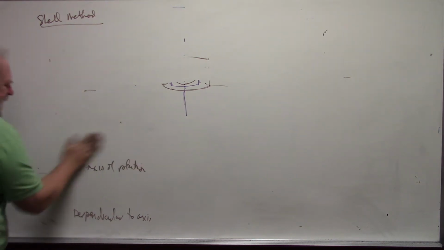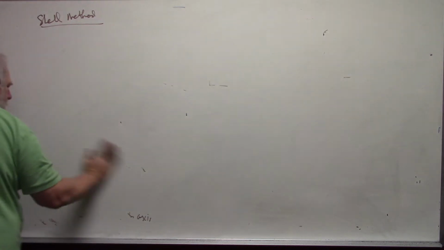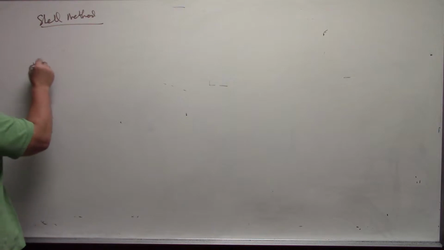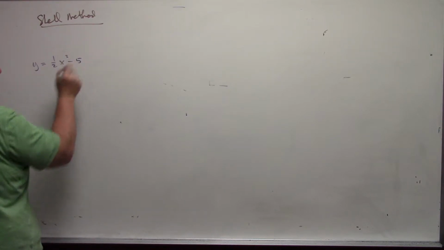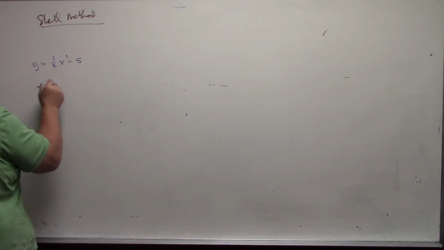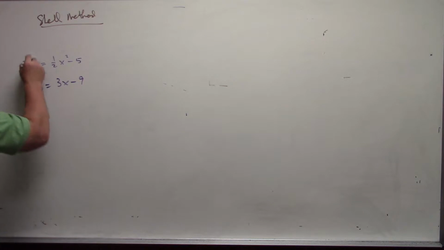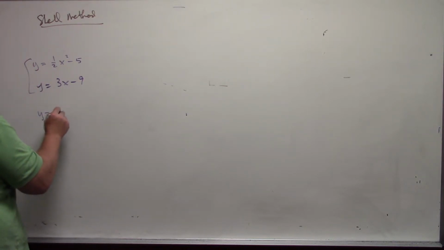So let's look at some examples. Suppose I have y equals 1/2 x squared minus 5, y equals 3x minus 9, this region, and I want to rotate about the y-axis. And this time I want to use shells.